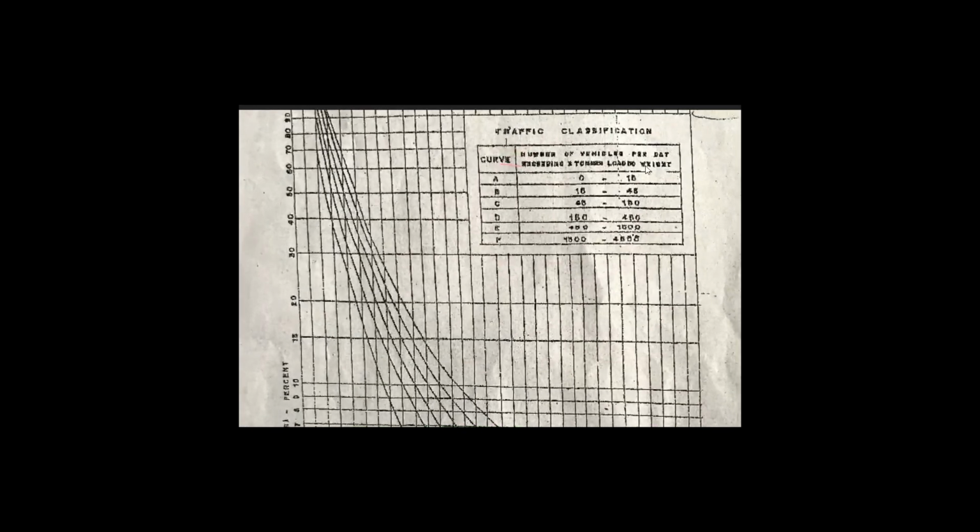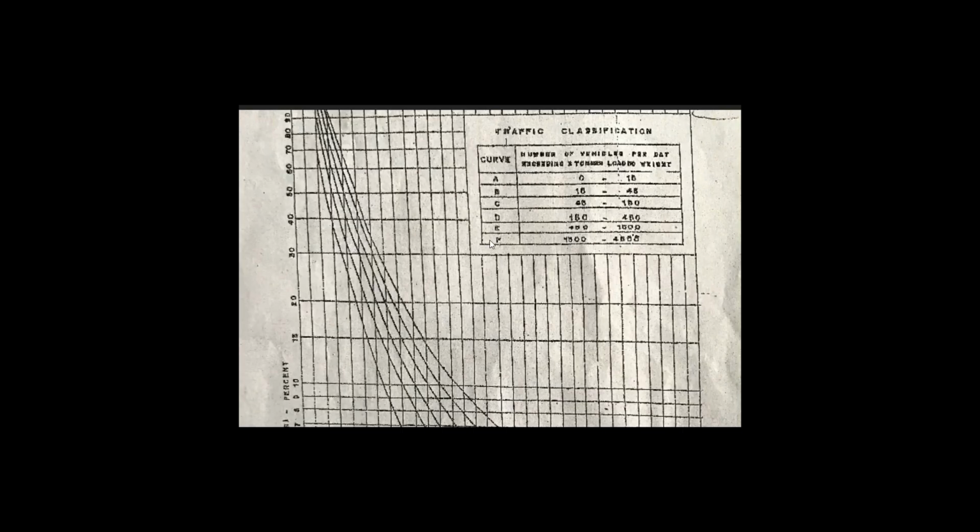Okay, so if we look at this particular portion here, you can see that we have traffic classification. On this first column, we have the classes. In the second column, we have number of vehicles per day exceeding 3 tons loaded weight. So the value we calculated, which is the number of vehicles that are causing failure, is the number of vehicles per day exceeding what? 3 tons loaded weight. So our first task will be to check on this particular segment.